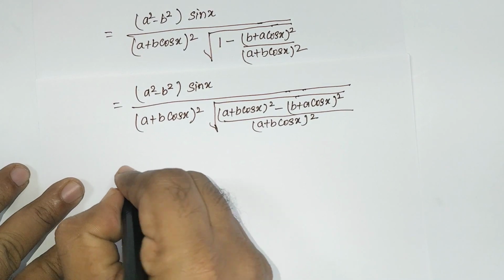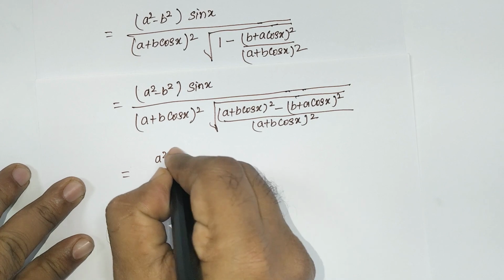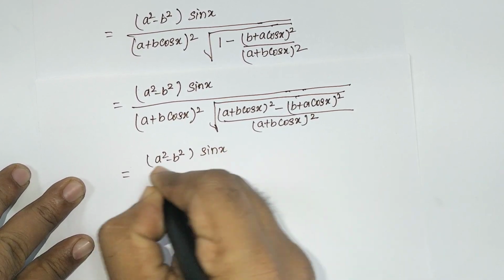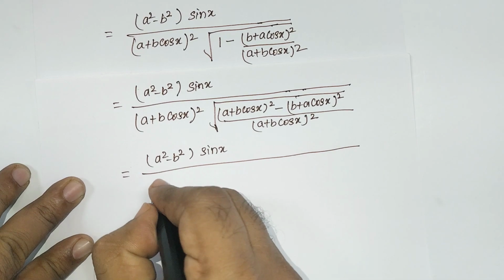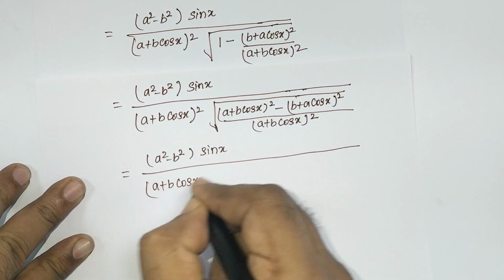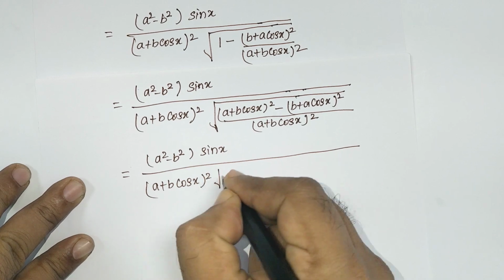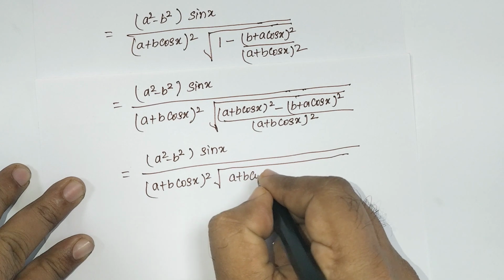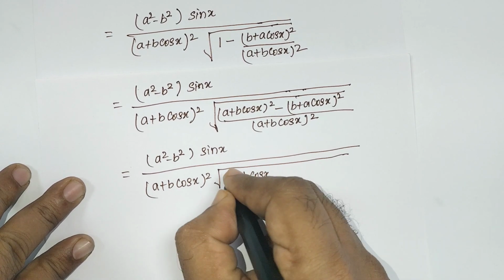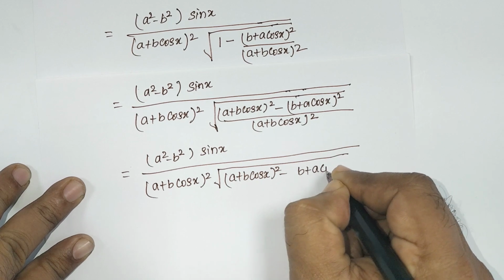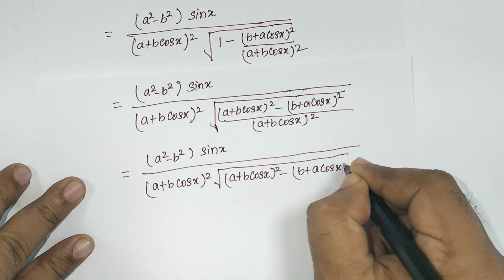So next, (a square minus b square) into sin x divided by (a plus b cos x) whole square, and the square root of this one I will write by cross multiplying the terms: (a plus b cos x) whole square minus (b plus a cos x) whole square, divided by (a plus b cos x) whole square.